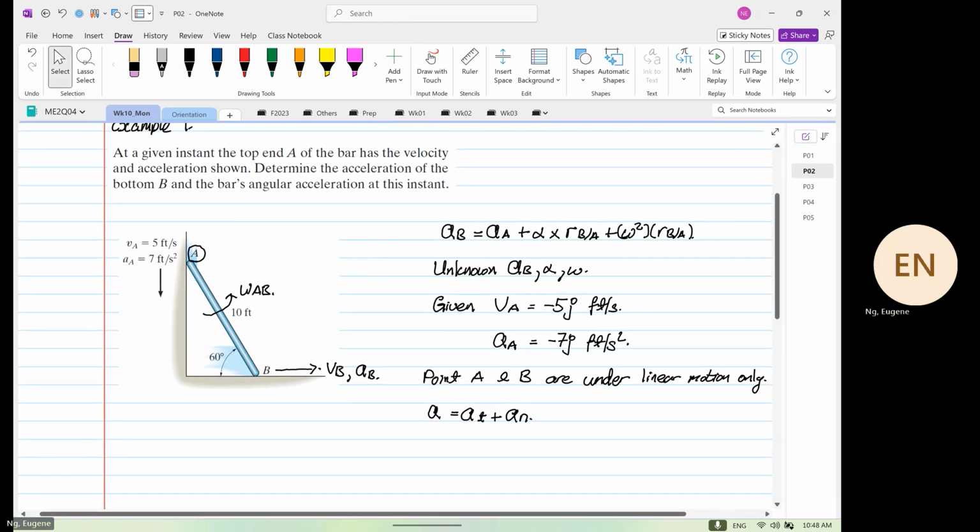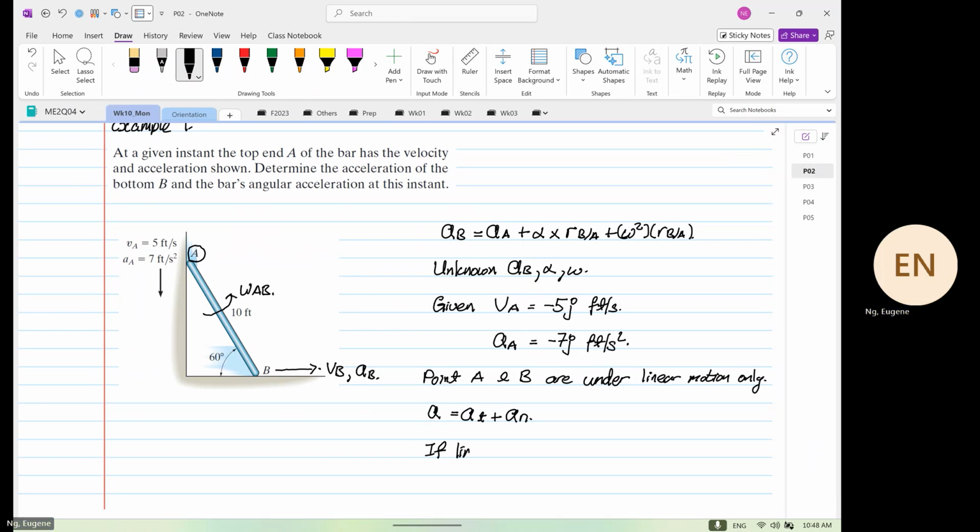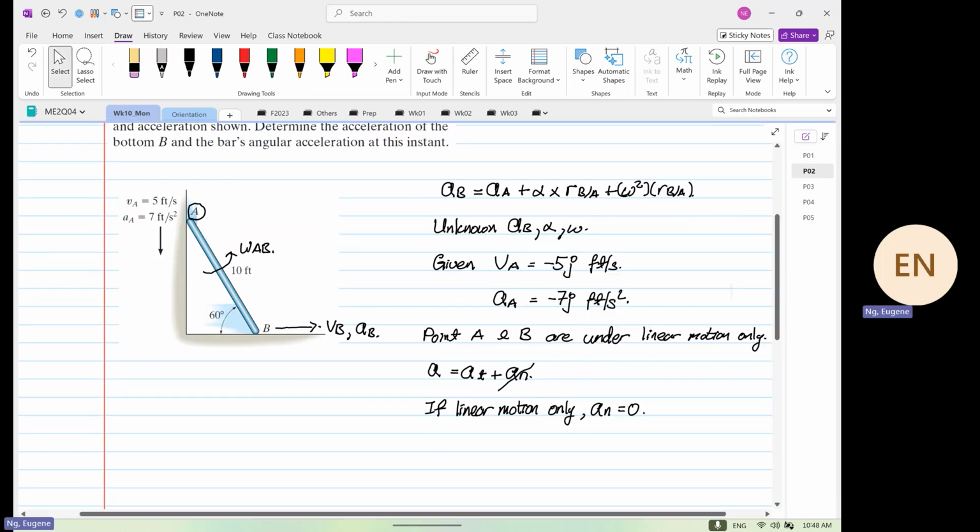If under linear motion only, AN is equal to what? 0. Right? So we can drop what? The normal component.